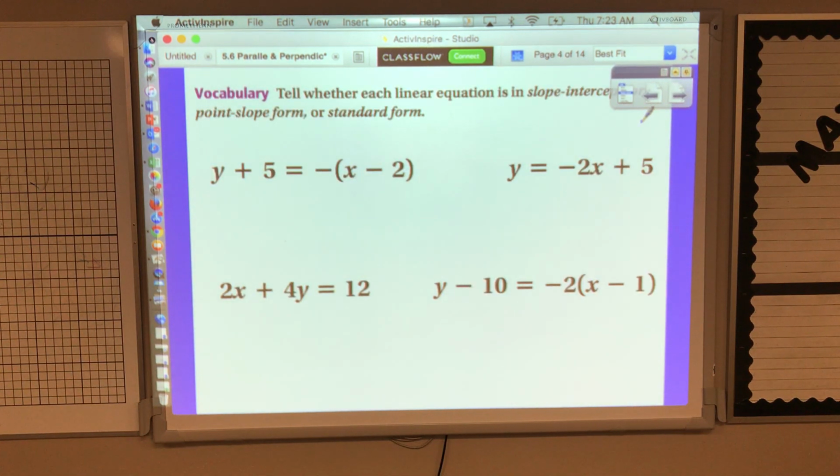So I want to identify what form these equations are in. If you remember, y minus y1 equals m times x minus x1 is point slope form. Y equals mx plus b is slope intercept form.